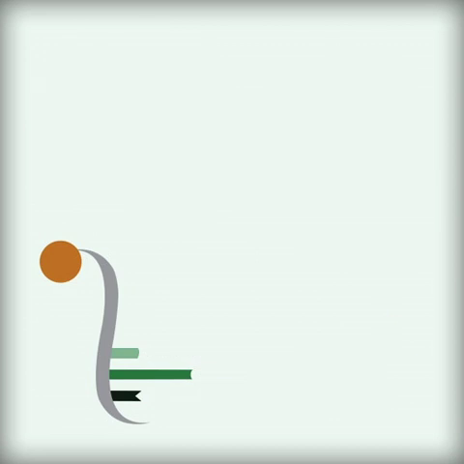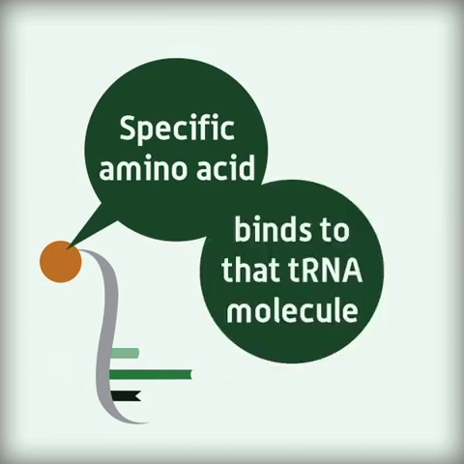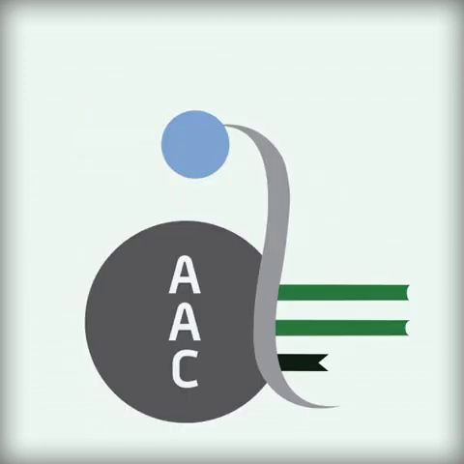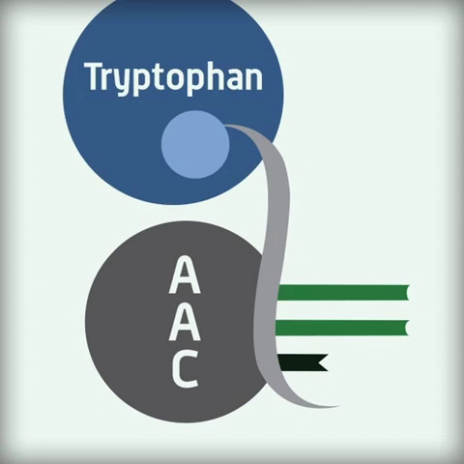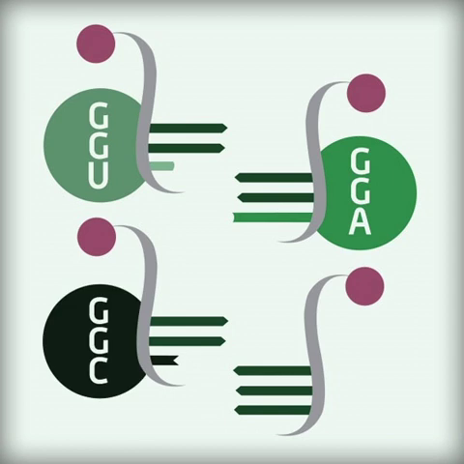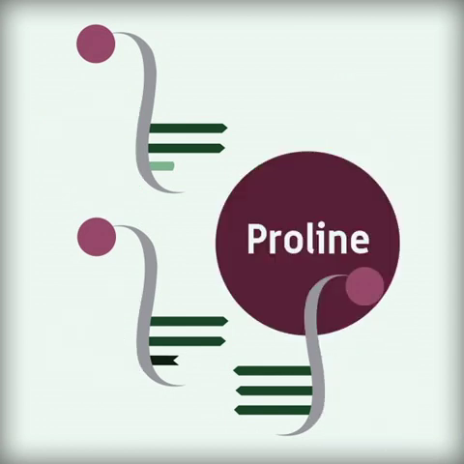At the other end of the tRNA molecule is the specific amino acid that binds to that particular tRNA molecule. For example, tRNA with the bases A, C, C at the bottom attaches to the amino acid tryptophan. tRNA with either GGU, GGA, GGC or GGG attaches to the amino acid proline.